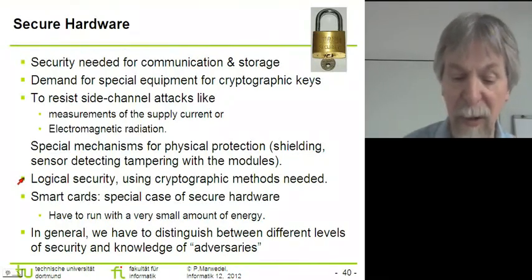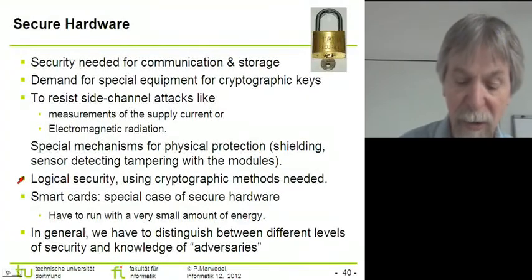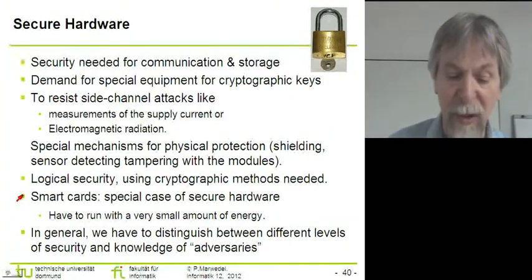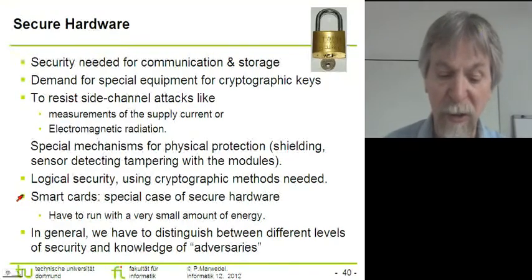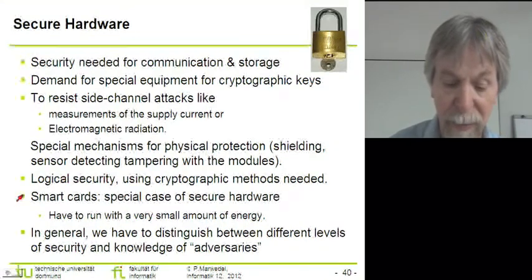We need to look at the physical security. We need to look at the logical security, where we have to make sure that the right cryptographic methods are used. As a special case, we might look at smart cards, which are a special case of secure hardware. The special situation there is that they have to run with extremely small amounts of energy.